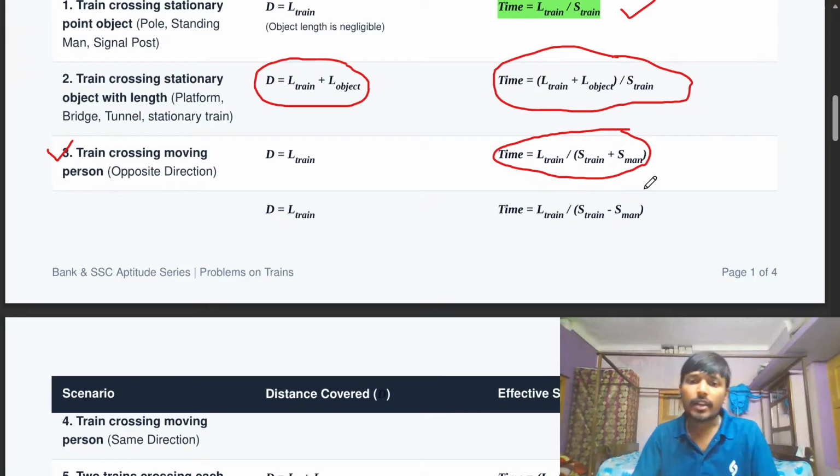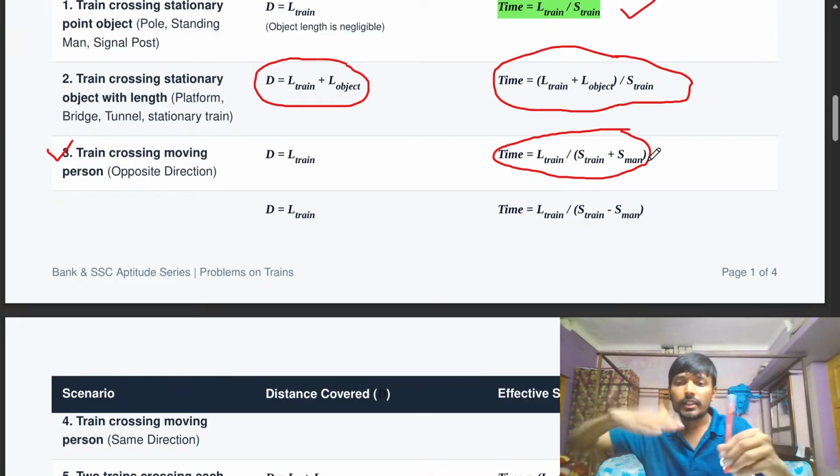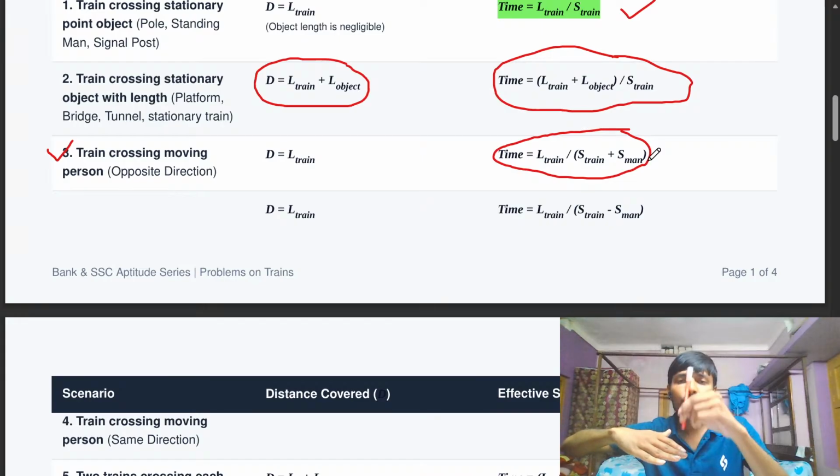Okay, so total speed. Time equals the length of the train, because the length of the man is negligible, so we have to avoid this length.